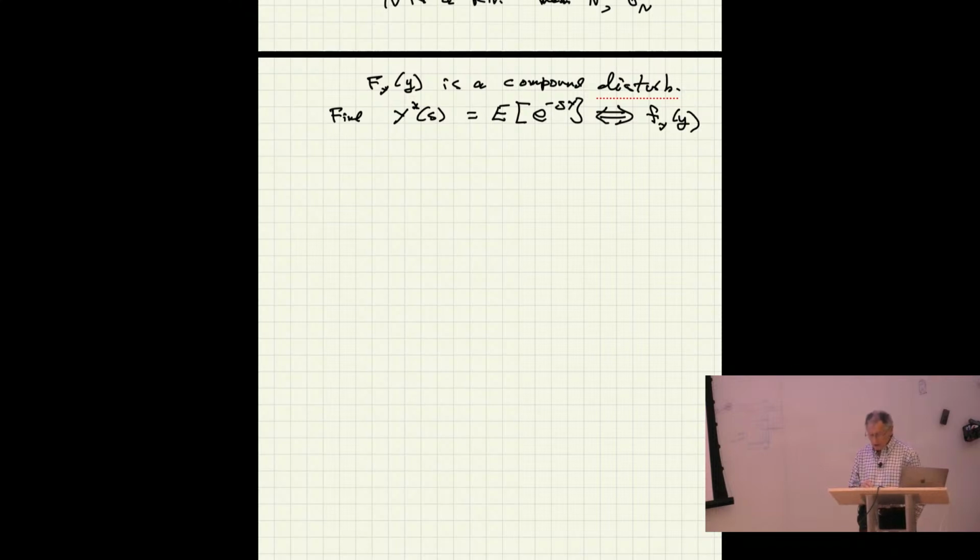So if I get y star of s, I'll get little f sub y, the density. Okay. So y star of s is equal to the expectation of e to the minus sy. How the devil are we going to do this?